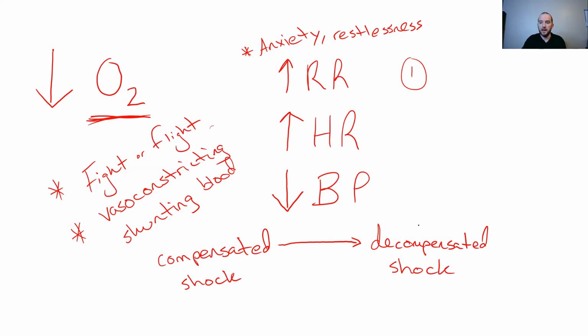And amongst other things that happens in decompensated shock, it's really where that blood pressure starts falling off. As we start losing the battle, as that blood pressure starts going.